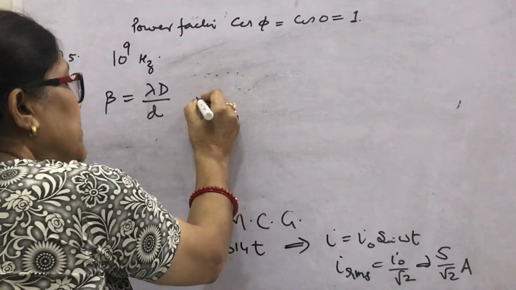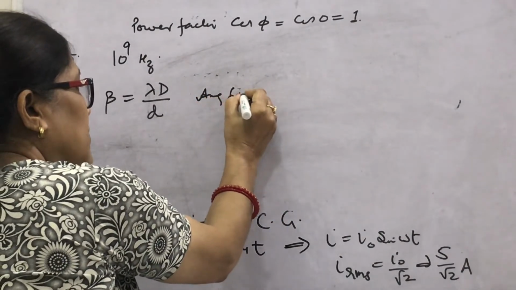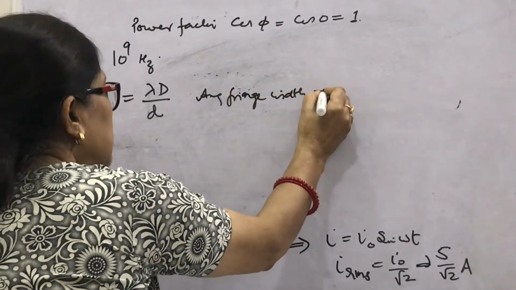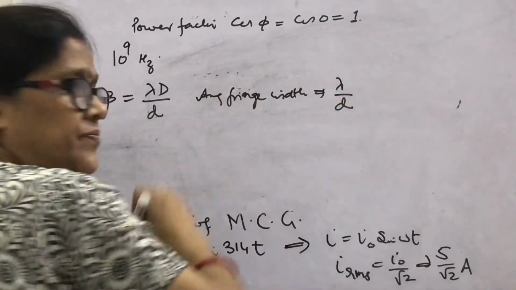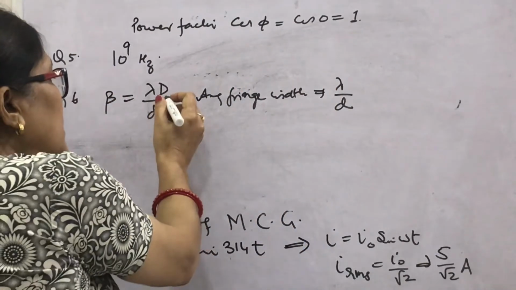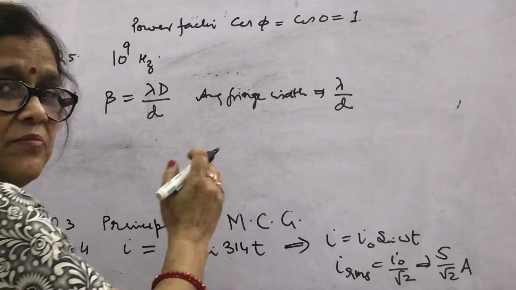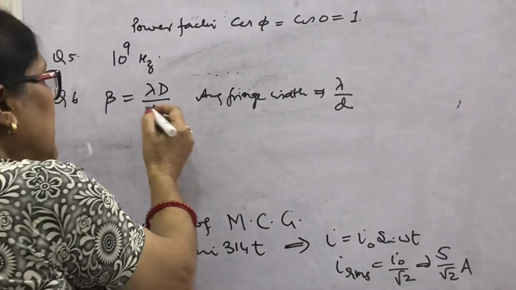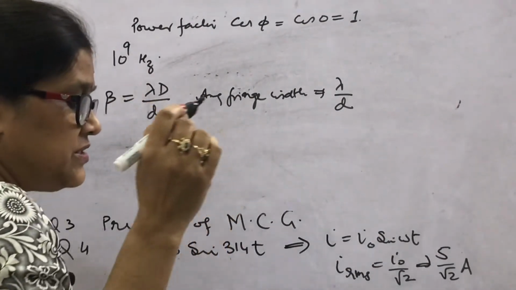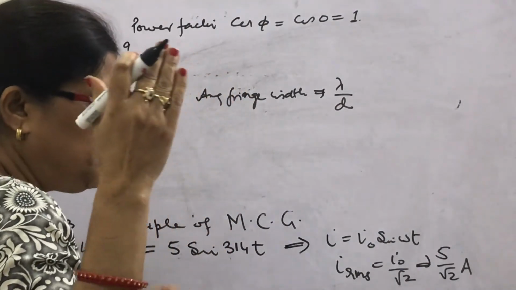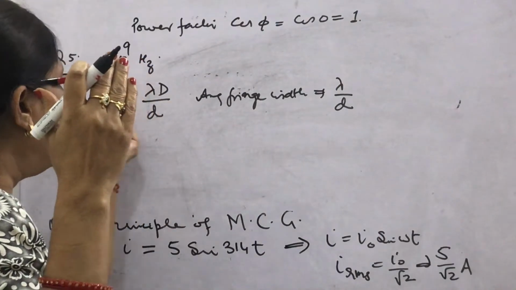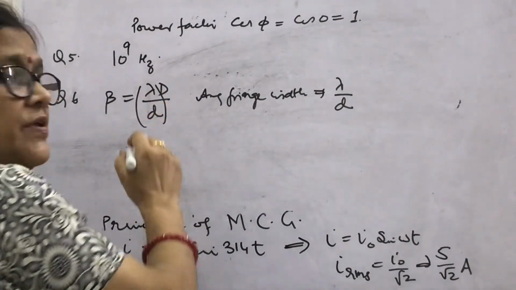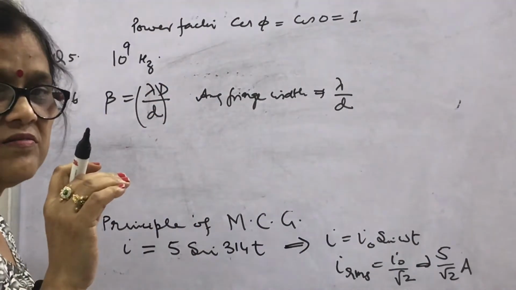Angular fringe width is lambda by d. So if the distance capital D between the screen and the plane of the slits is changed, then the fringe width beta will change accordingly, but the angular fringe width lambda by d will not be affected.